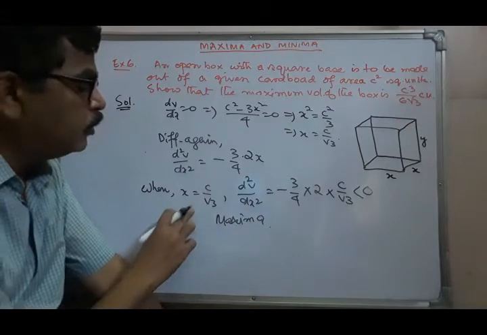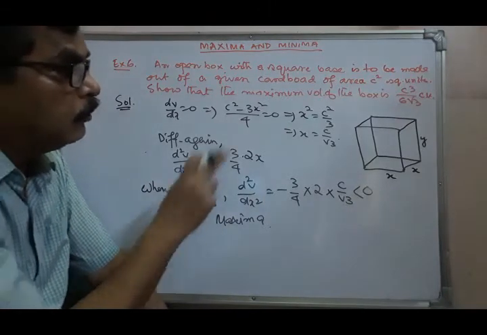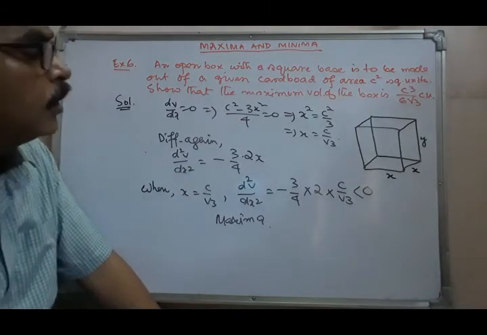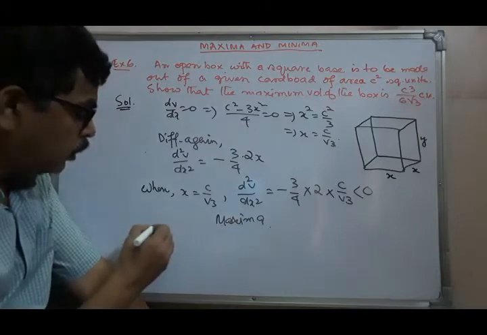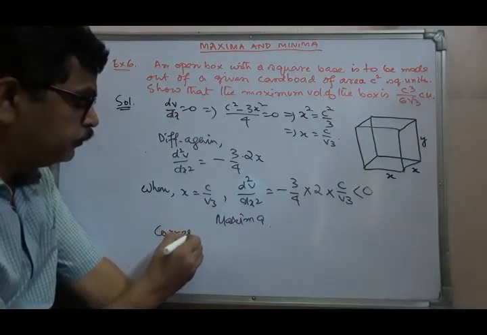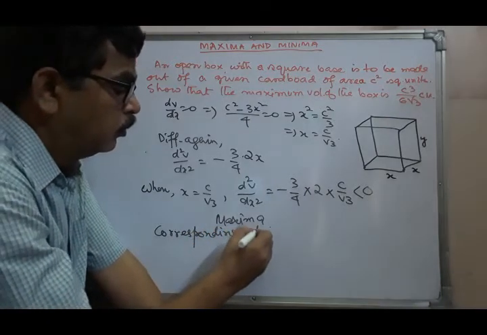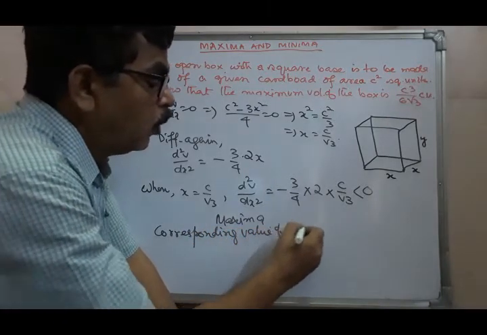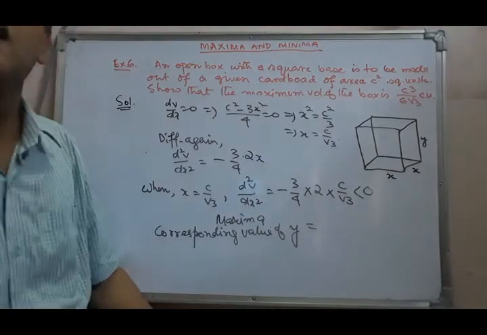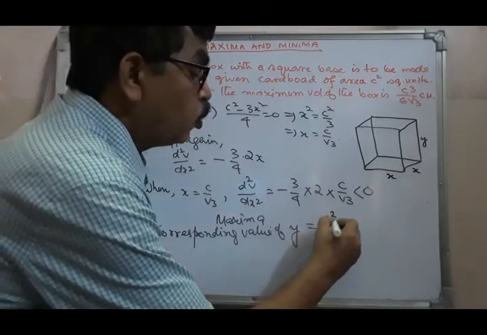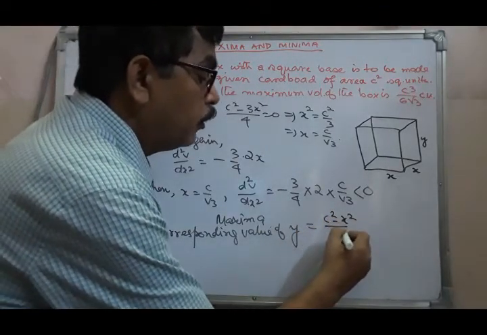So when x equal to c by root 3, the volume of the box is maximum. Corresponding value of y equal to c square minus x square by 4x.